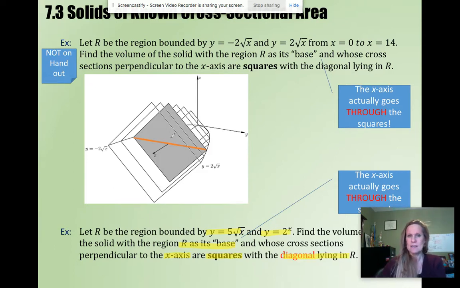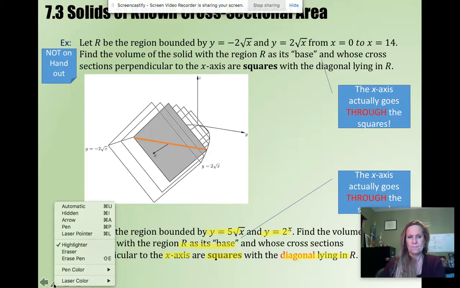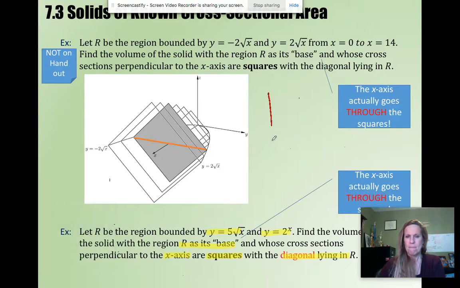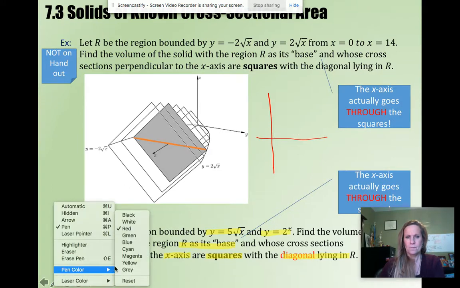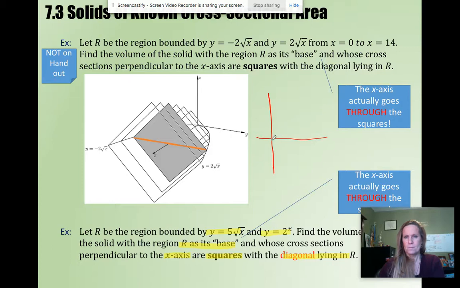So it's just like this, except my boundary is different. Five times the square root of x looks like that. 2 root x looks like that.